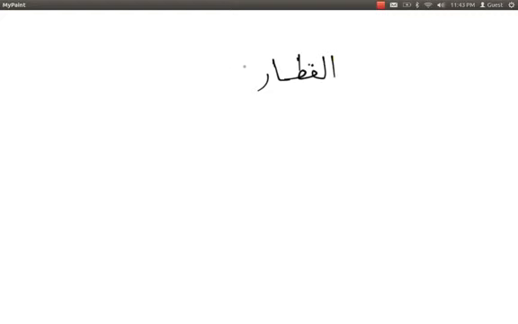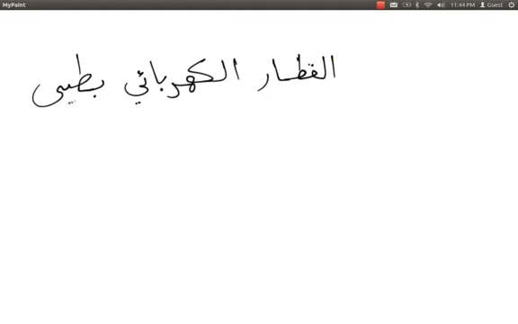So basically this sentence that says القطار الكهربائي بطيء.